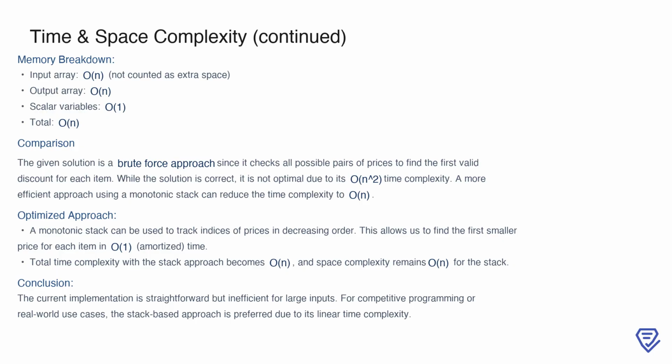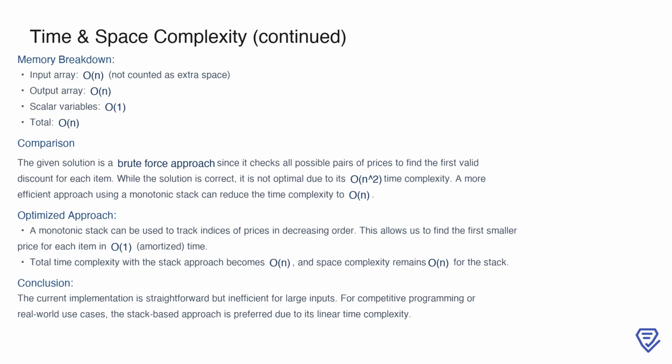The current solution is a brute force approach, as it checks all possible pairs of prices to identify the first valid discount for each item. While this method is correct, it is inefficient due to its O(n²) time complexity, especially for large inputs. A more optimal solution involves using a monotonic stack, which maintains indices of prices in decreasing order.